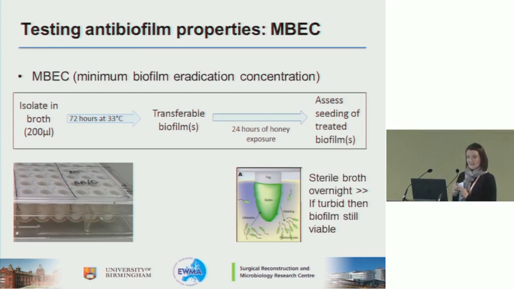I've tested honey and acetic acid. Then after the correct length of exposure, you place this peg plate into some sterile broth and assess whether the biofilm is still viable, because if it's viable it will seed off planktonic cells that will make the broth turbid. So they're the 2 experiments.